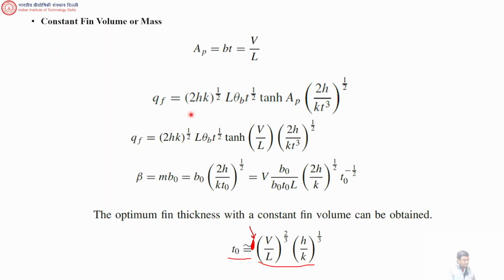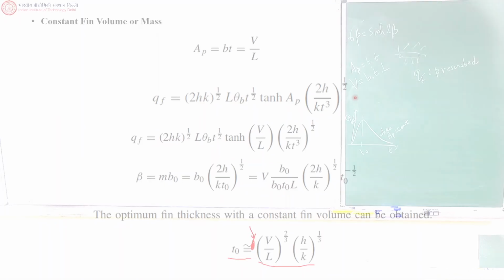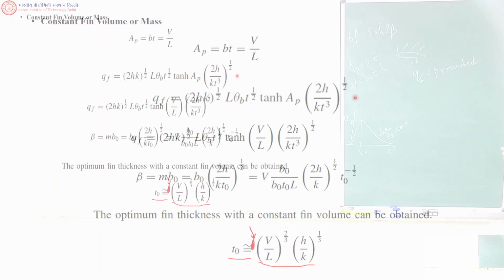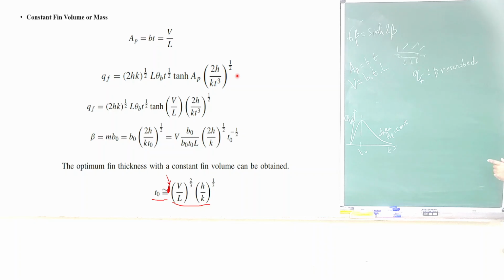Now we have QF, which goes like this. Which expression is this one? This is that 2.34. This is the expression which is written in terms of AP. And this we can write in terms of the volume.